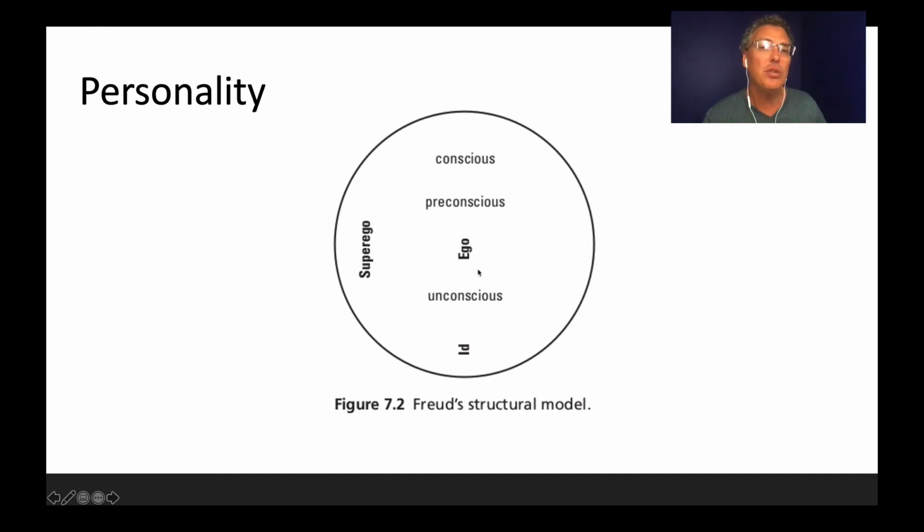So it's the referee that's trying to find ways to give the it what it wants, but also conforming to the superego. This is a nice three-way way of thinking of things, where the ego is the problem solver within that whole structure.